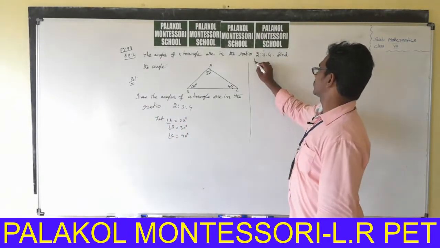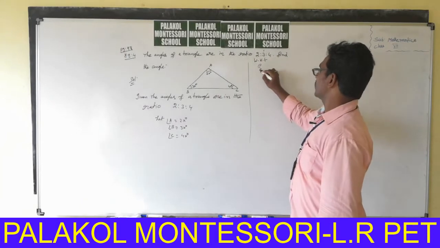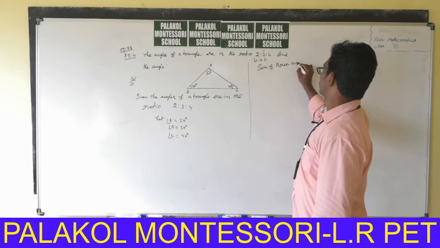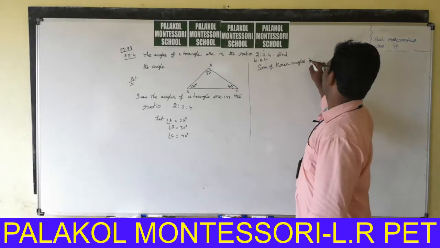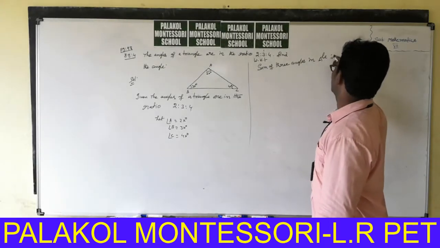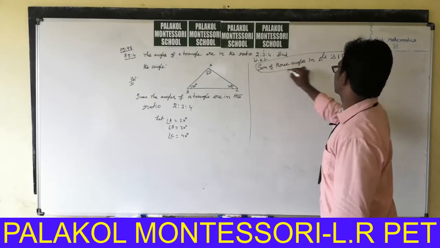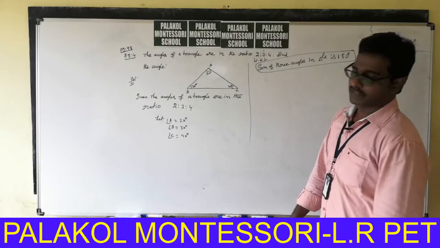You know that the sum of three angles in a triangle is 180 degrees. Sum of three angles in a triangle is 180 degrees.